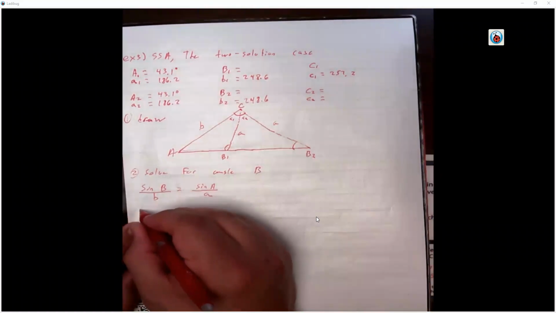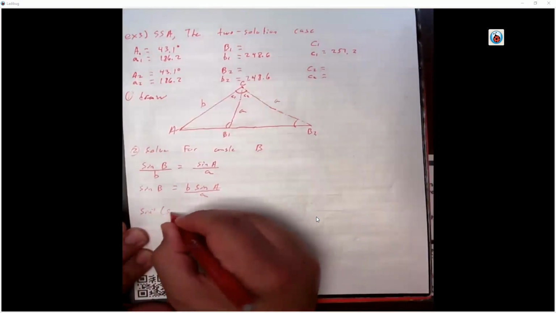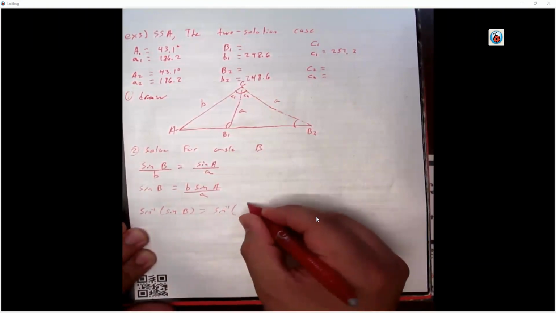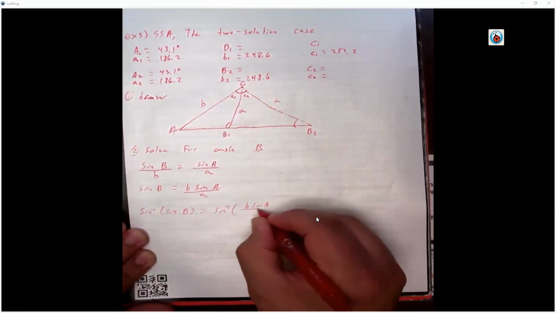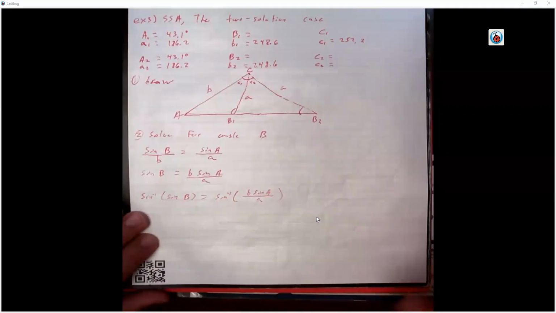Solve for B. Multiply both sides by little b. That gets me to here. Do sine inverse of both sides. That gets me to here. So that means that capital B is equal to sine inverse of all this: b sine A over little a.